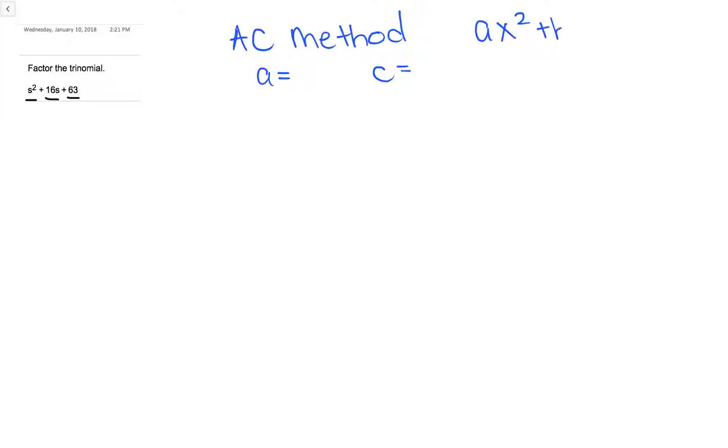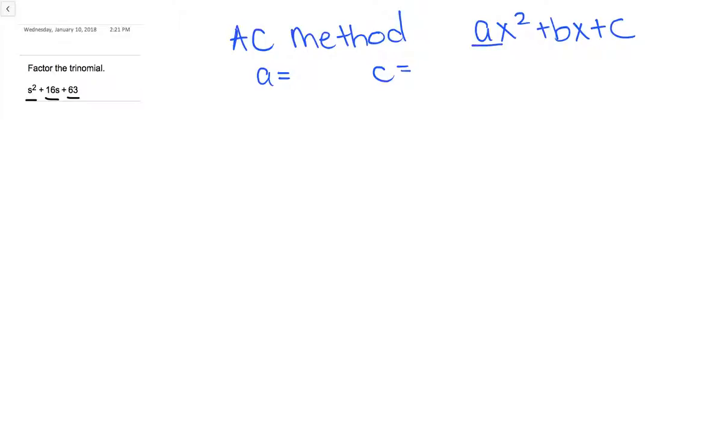Okay, so there's a couple different ways that we can do this. I'm going to show you the AC method. This method seems to be the easier method, and again, it's called the AC method. The first step is to identify the A and the C. So we have a quadratic in the form of ax squared plus bx plus c.